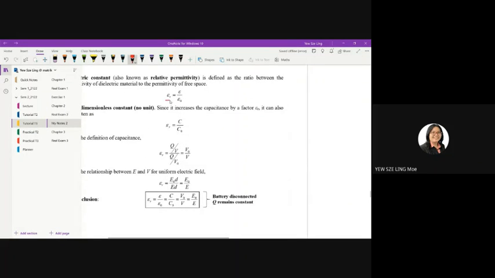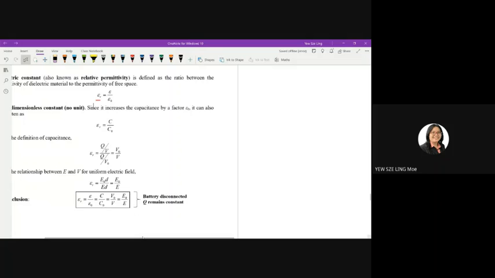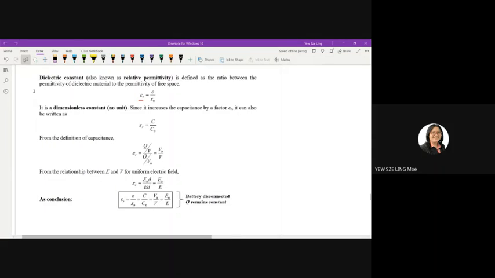Epsilon R is a dimensionless quantity, so it has no unit. Since it increases the capacitance by a factor of epsilon R, we can also write it as epsilon R equals C over C naught.